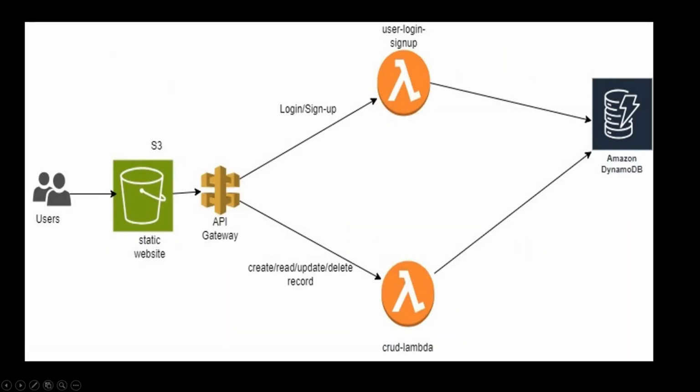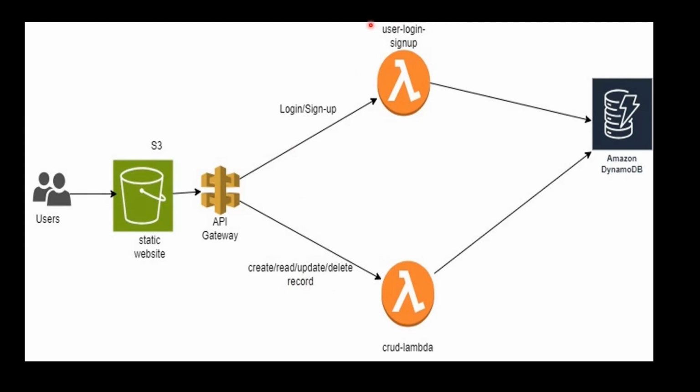So in the last video we had done this part where we hosted a static website on Amazon S3, and in this part of the playlist we will create an API gateway API. We will create REST APIs in API gateway for login and sign up, and for CRUD operations for create, read, update, delete, record.